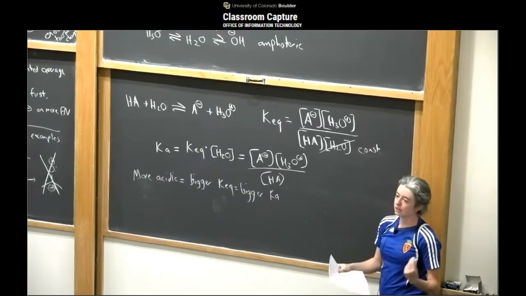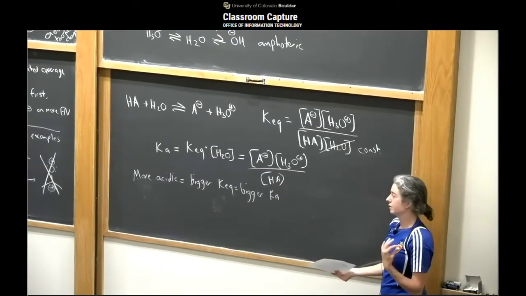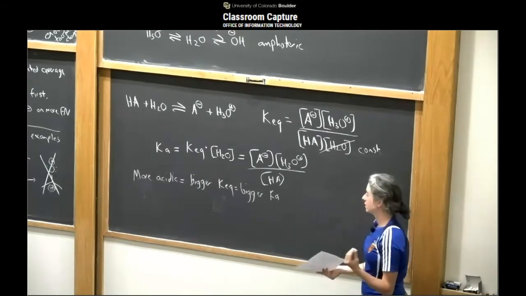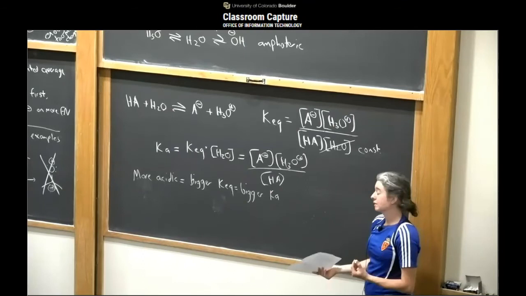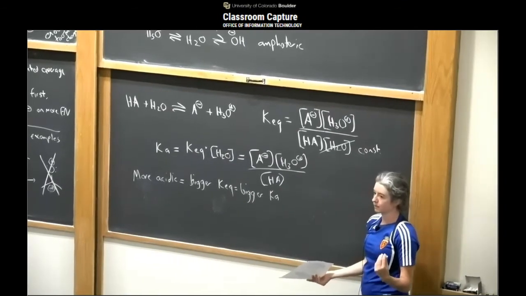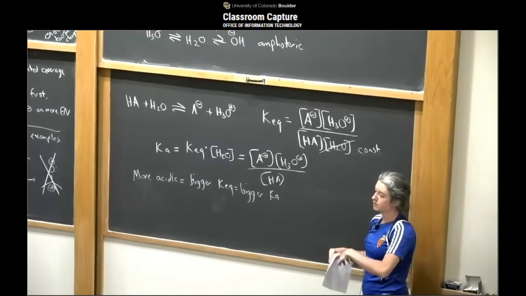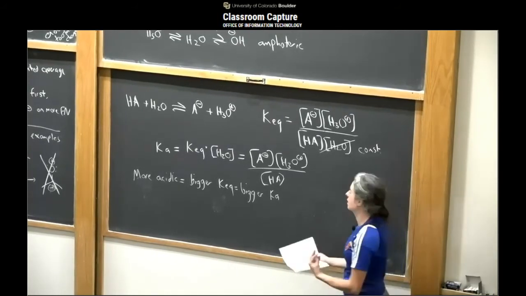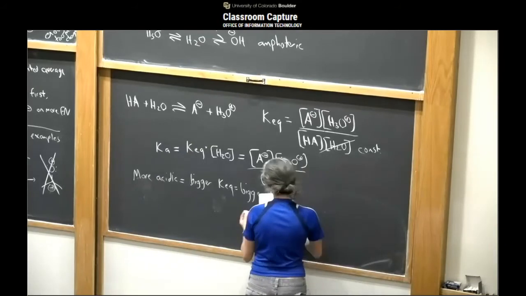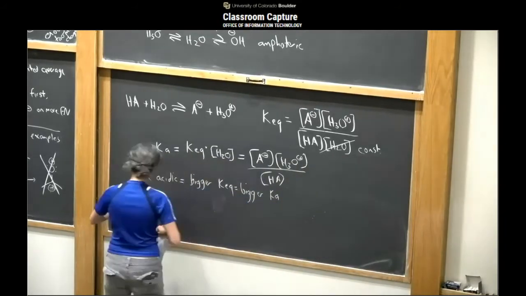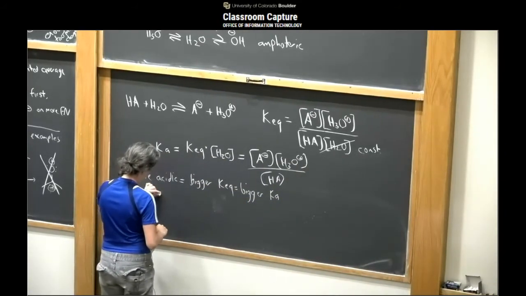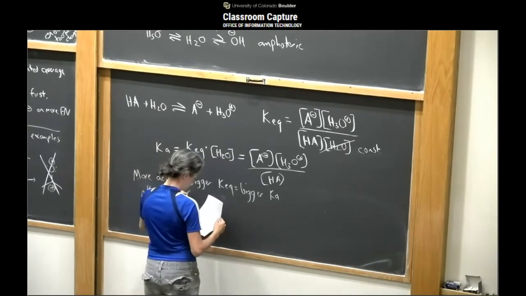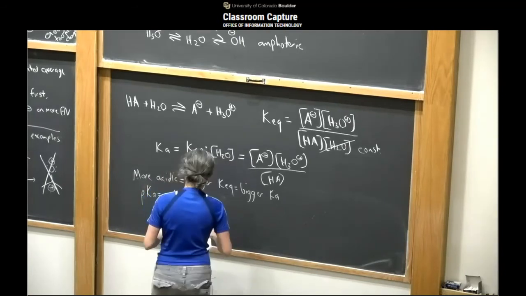So what we really need is some way to make these human manageable number sizes. So we do the same trick that we actually use for proton concentration. If you remember, instead of just looking at the concentration of H, we use the pH. So pH is a log of the number that we're trying to look at. So pKa is going to be negative log of Ka.